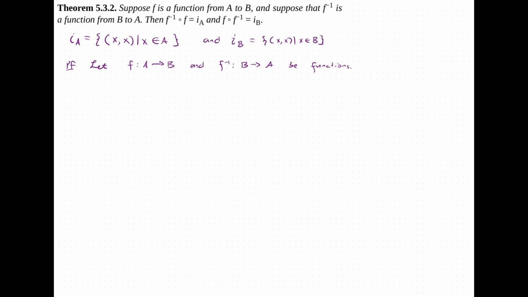Now we're going to take an arbitrary x in A, then f of x is equal to some y in B. Now, this tells us x comma y is in f, and thus f inverse contains y comma x.